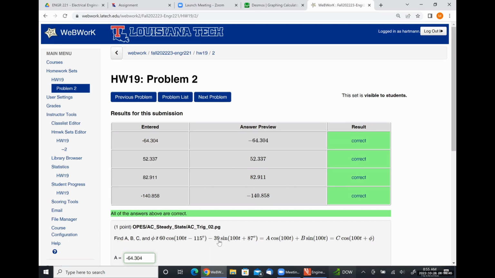Okay. So Brody, to answer your question, as soon as we're comfortable with complex numbers, we can throw away 97% of the trig identities. Really, the only one that we need to remember is how to convert a sine function to a cosine function. And if we want to get rid of a negative sign, we shift by 180 degrees. Everything past that, complex numbers takes care of.